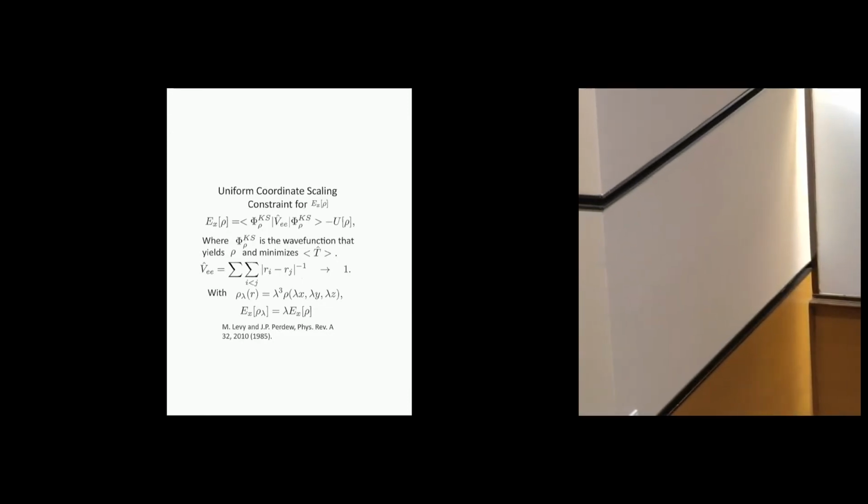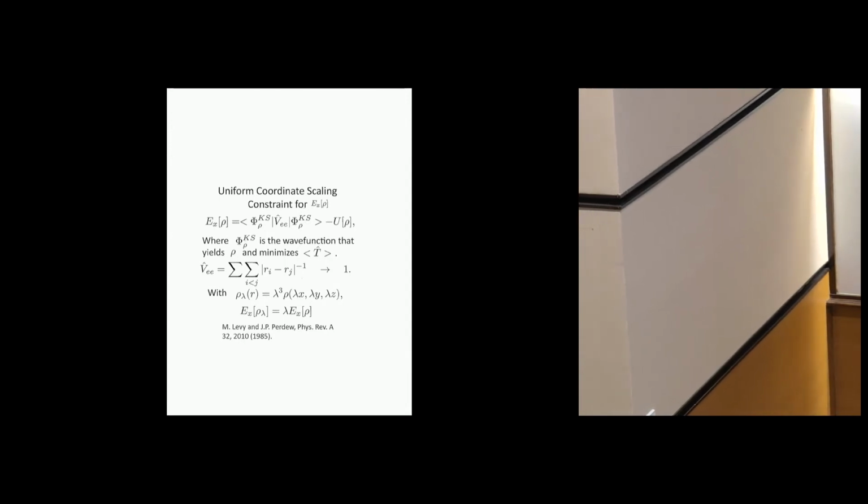So let's go to now exchange, and it's the Kohn-Sham wave function, or the wave function that minimizes. Kohn-Sham is the wave function that yields rho and minimizes just one operator. So since it's minimizing just one operator, that means it's going to be simple scaling, okay?